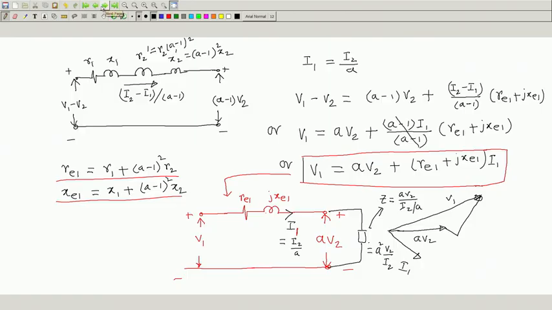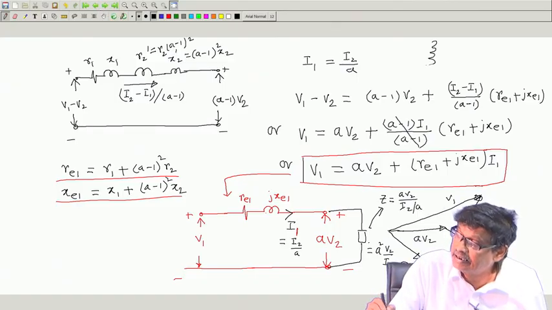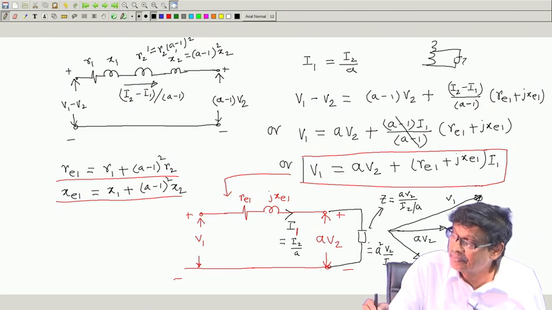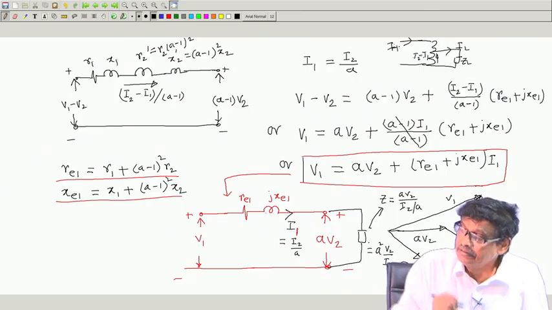If I draw across the output terminals of the autotransformer, to highlight that, if it is Z2, this is I2, and this is I2 minus I1, and this is I1, is it?